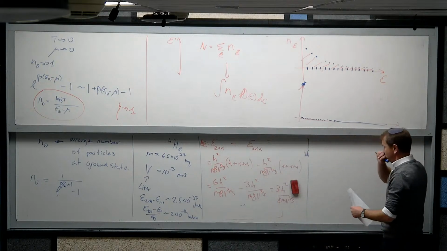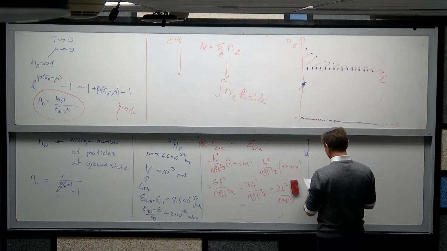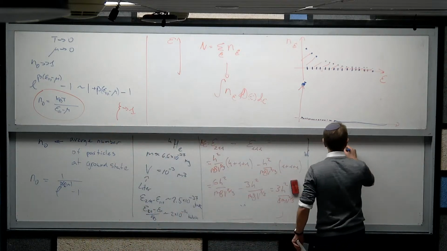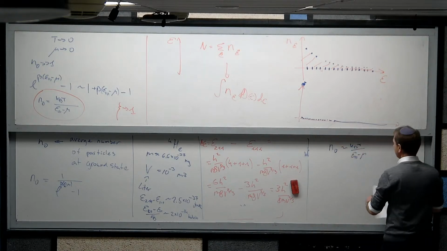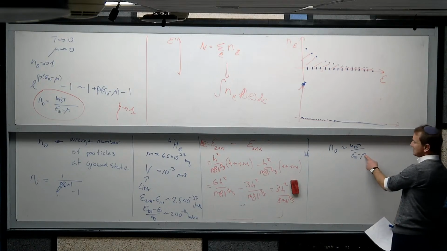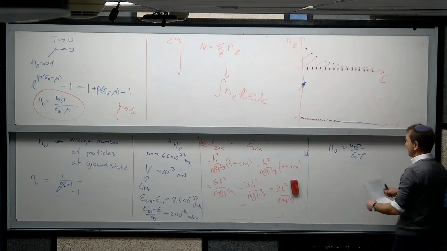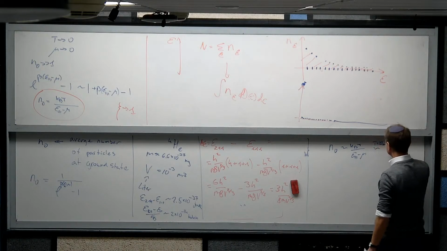I know that this n0, which is k Boltzmann T divided by epsilon 111 minus mu, and when mu is small, let's assume that mu goes towards 0, and we plug in the value of epsilon 111 that we already have. So this is for T equals, let's assume, 10 Kelvin.